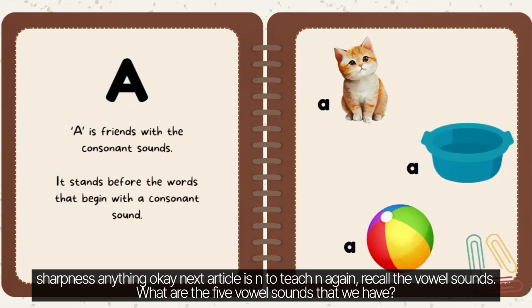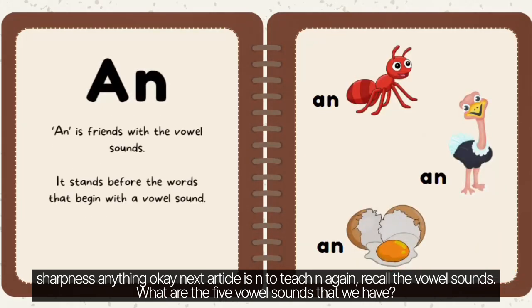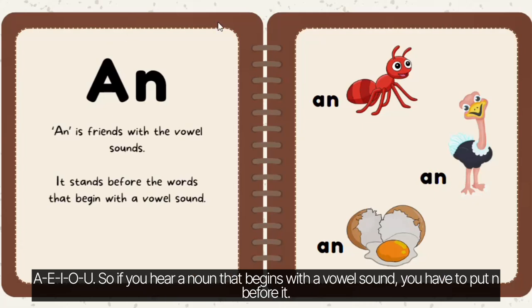Okay? Next article is an. To teach an, again recall the vowel sounds. What are the 5 vowel sounds that we have? A, e, i, o, u. So if you hear a noun that begins with a vowel sound, you have to put an before it.